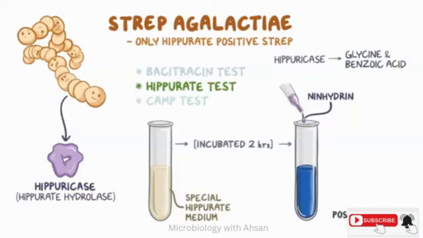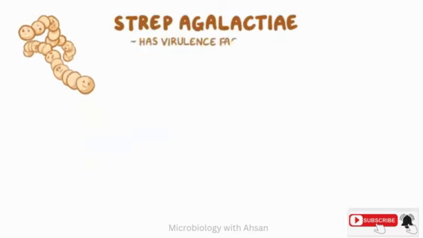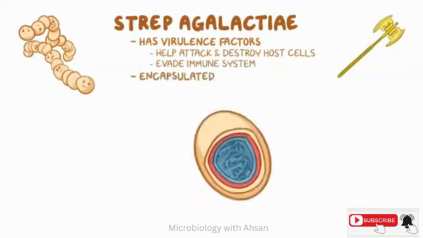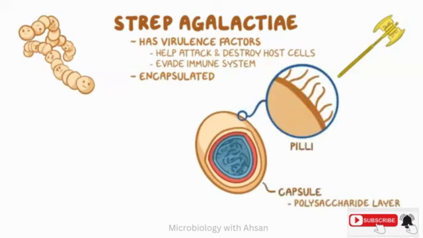deep blue, or positive. Alright, now strep agalactiae has a number of virulence factors that are assault weaponry and help it attack and destroy the host cells, and evade the immune system. First, strep agalactiae is encapsulated, meaning it's covered by a polysaccharide layer called a capsule. The capsule also has pili, which are hair-like extensions that help the bacteria attach to a host cell.